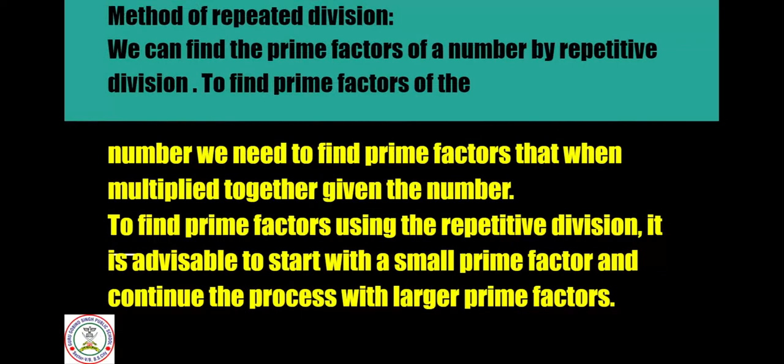Repeated division is done by only prime numbers. To find prime factors using repetitive division, it is advisable to start with a small prime factor like 2 if possible, and continue the process with larger prime factors such as 3, 5, 7, etc.